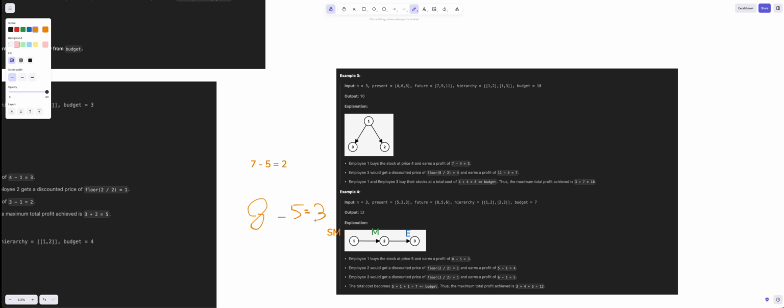So we got 3 here. Next, since employee 3 receives the discount price, the discount price of 2 will be 1. Let's write 1 here, and then we sell it at 5. That is a very good profit, and our total profit will be 4. So 4 plus 3 gives a total of 7 as profit.